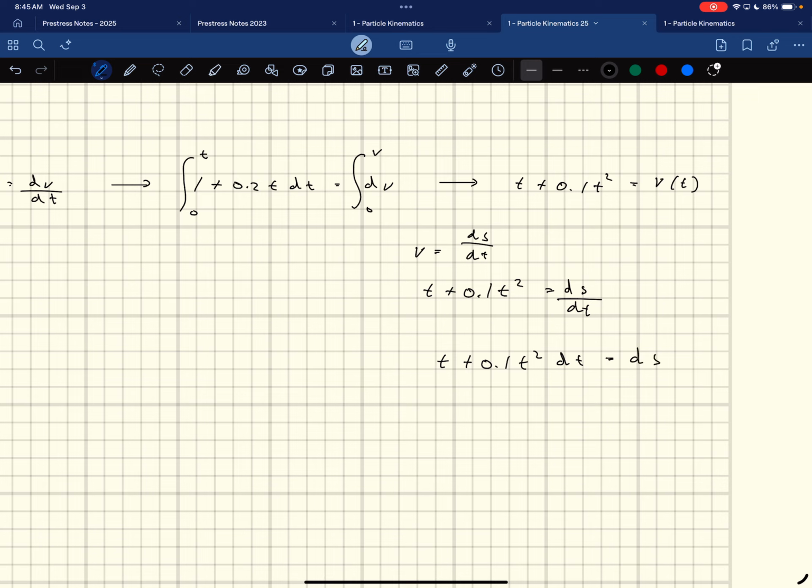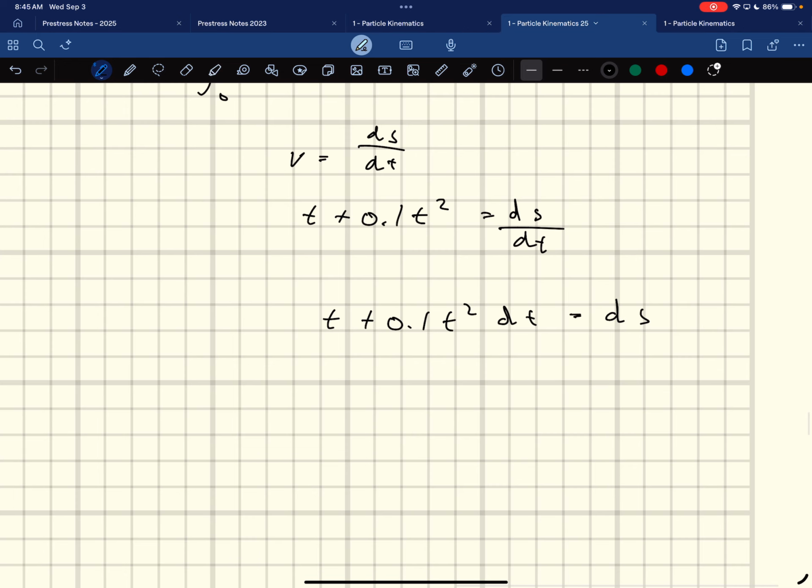Just going through our same method for solving these things, I'm going to integrate this. This one's going from 0 to t again, and I don't know the time. And this one's going from 0 to s_B.